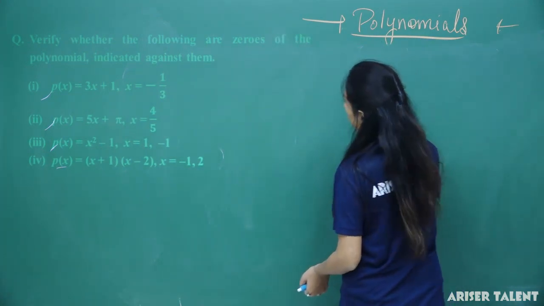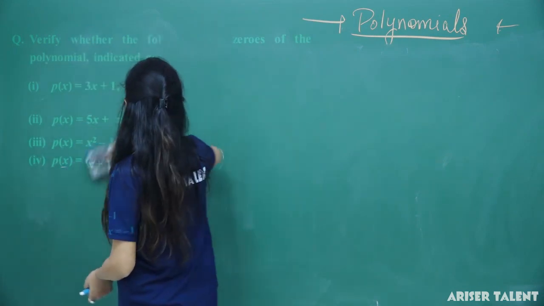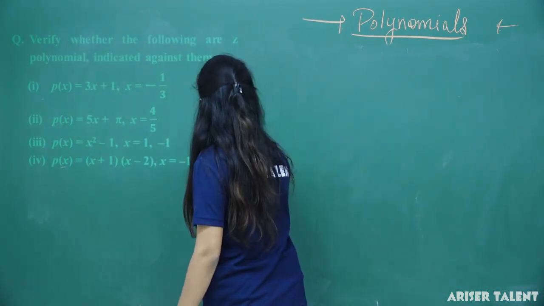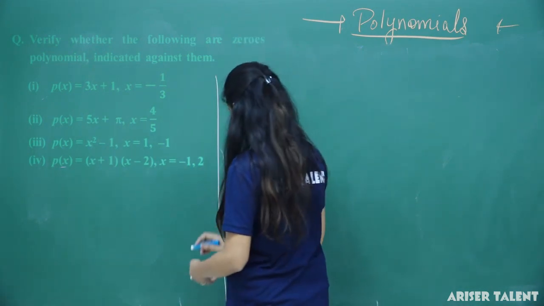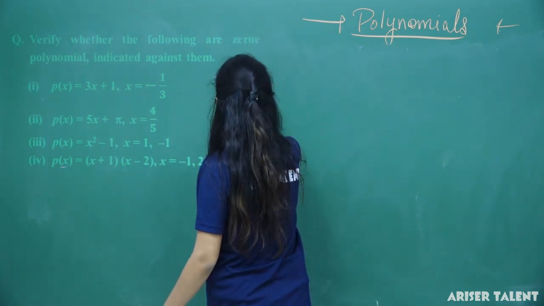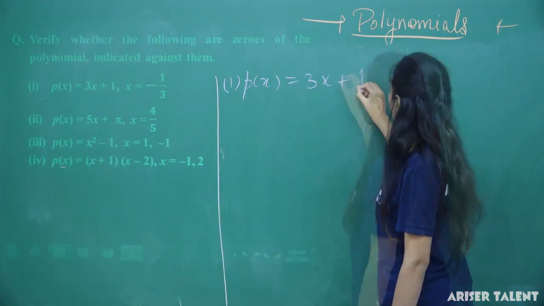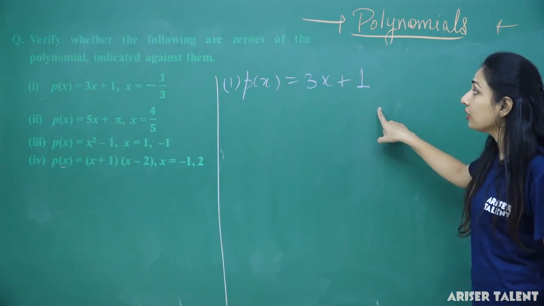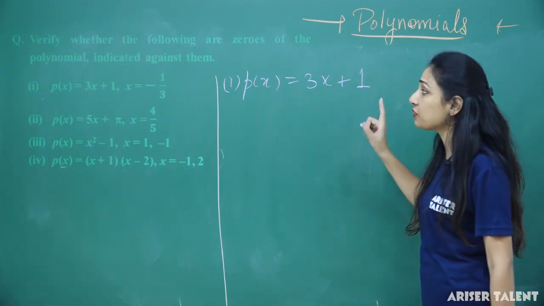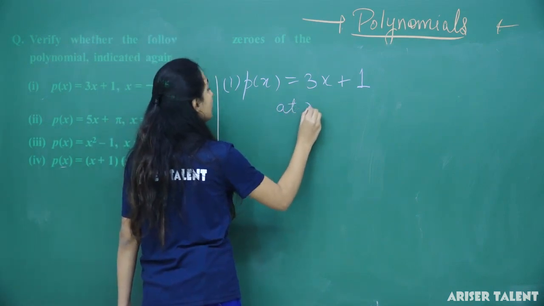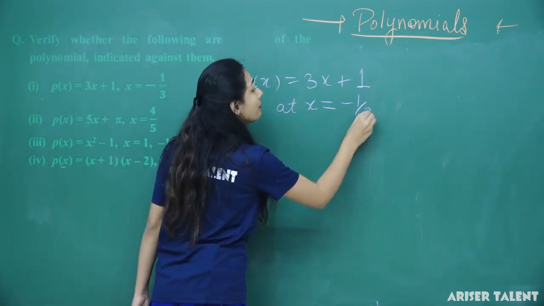We are going to do these simple questions in some 4-5 minutes, very fast. All right, students, this is your first thing. P(x) equals 3x plus 1. It is given to you and you have to find at x equal to minus 1 by 3.